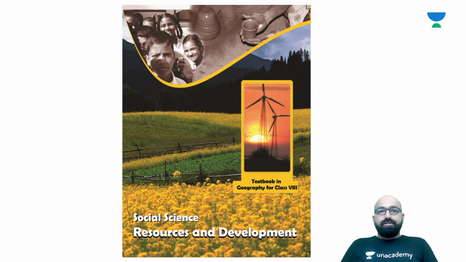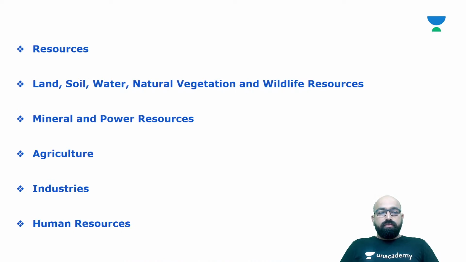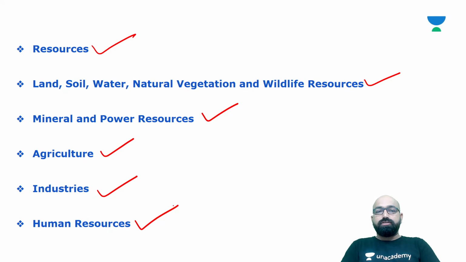Now friends, today we will discuss resources and development, the important topic, where we will cover resources, land, soil, water, natural vegetation and wildlife resources, mineral and power resources, agriculture, industries, human resources.